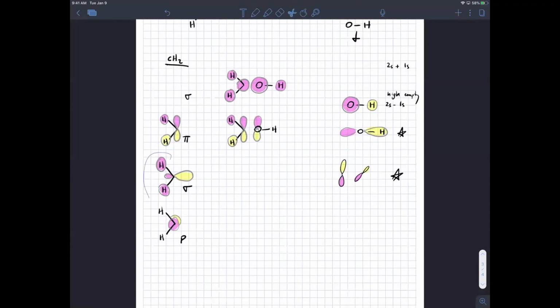Probably next, I would want to combine the sigma out, among my remaining options, probably the sigma out with the sigma type orbital between oxygen and hydrogen. I would need to do it in phase. And I suppose it would look like this.